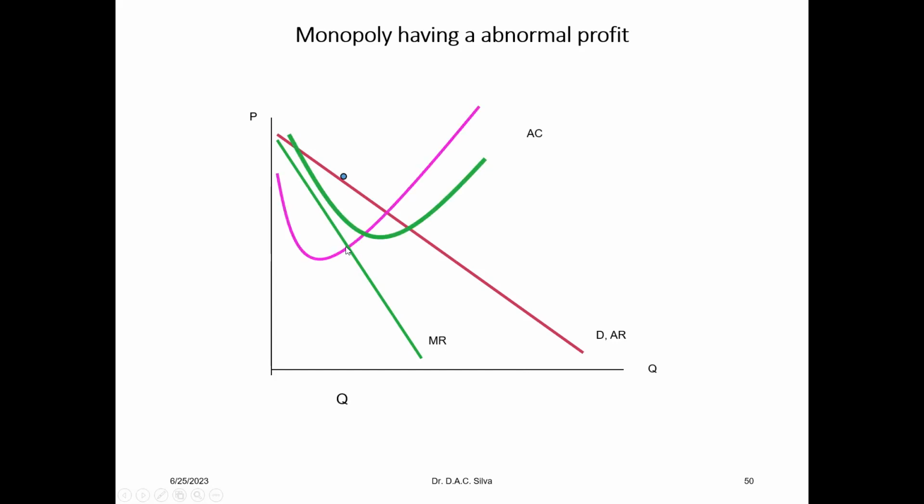This is MC. Look, this is MC equal to MR. We find the price here. This is the price, and at this price, this is the average cost. So you can see this area is the abnormal profit.